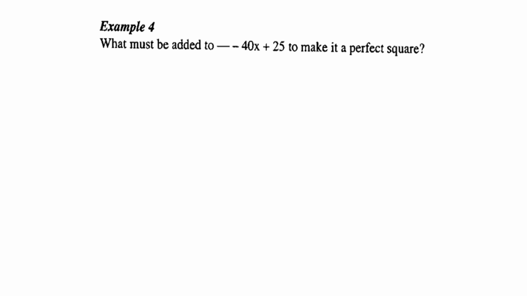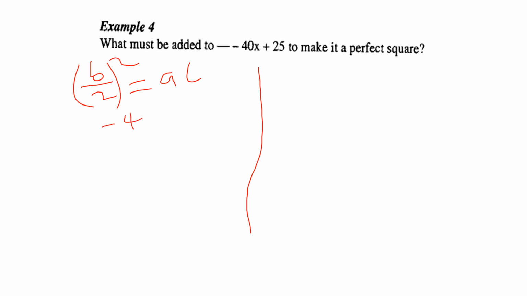Remember in this case we have said one thing, that if you take b divided by 2 then you square it, it should give you ac. So in this case we don't have a, what we have is c. So it is good for me to say that if I take negative 40 then I divide by 2 then I square that, I'm going to get 25a.